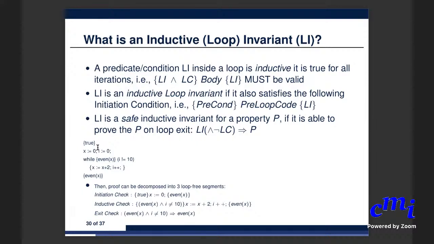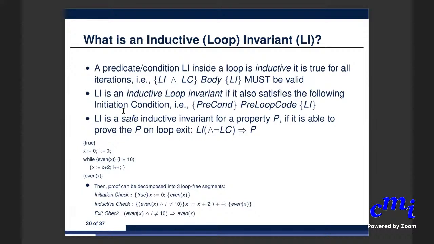But what is to say that when you enter this point the first time from the entry point of the program, it is true? The inductiveness condition itself makes no claim about that Li, which in this case is even of X, being true when you enter it the first time. And that's what the initiation condition guarantees.